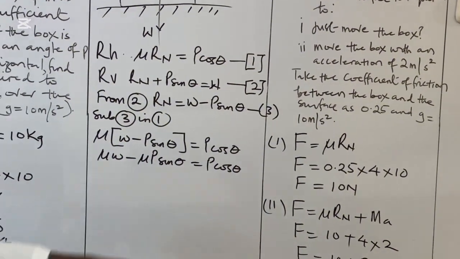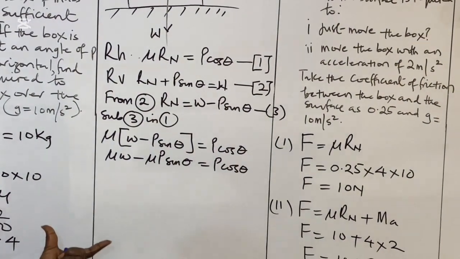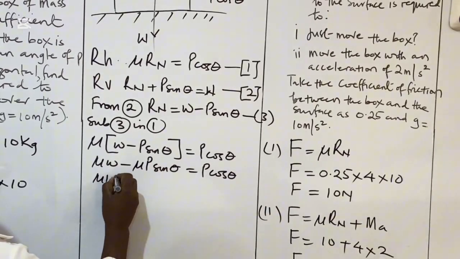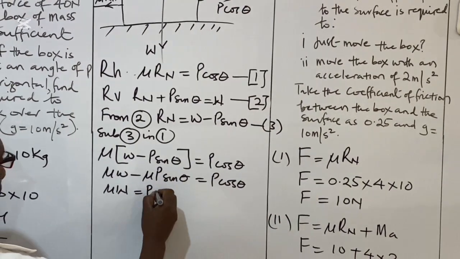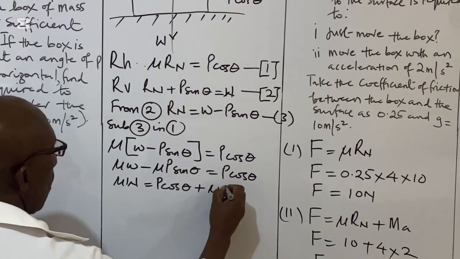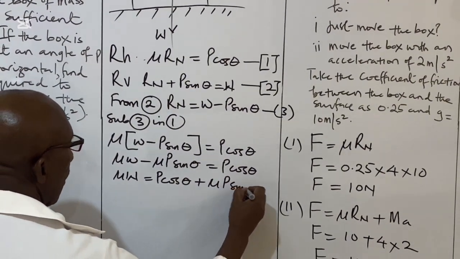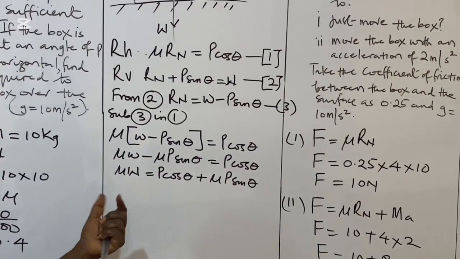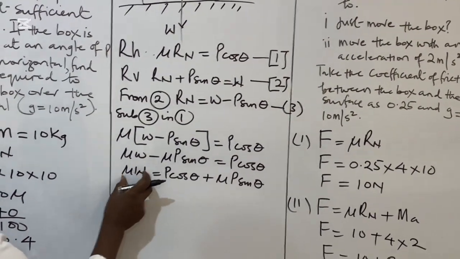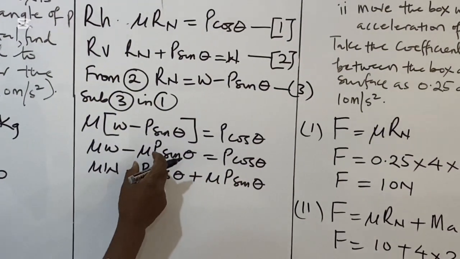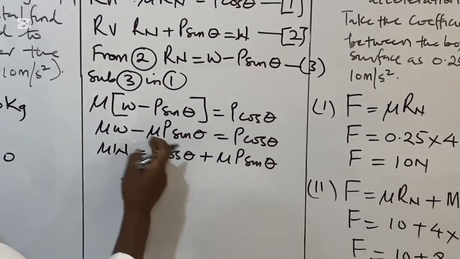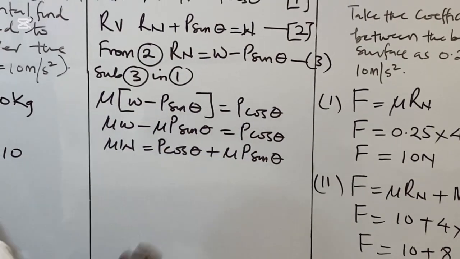Let me bring the P terms together so I can factorize P. Now having mu W is equal to P cos theta plus mu P sine theta. What I just did here is to leave mu W here and carry minus mu P sine theta to this side, so it becomes P cos theta plus mu P sine theta.